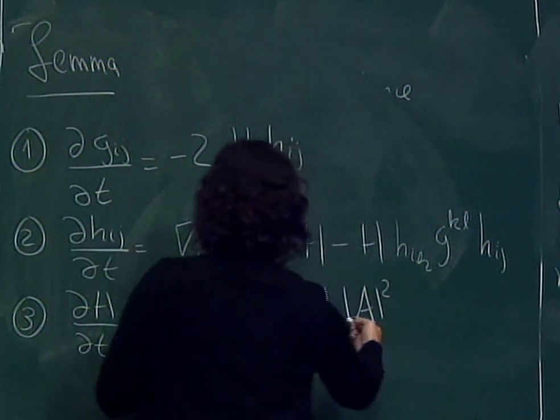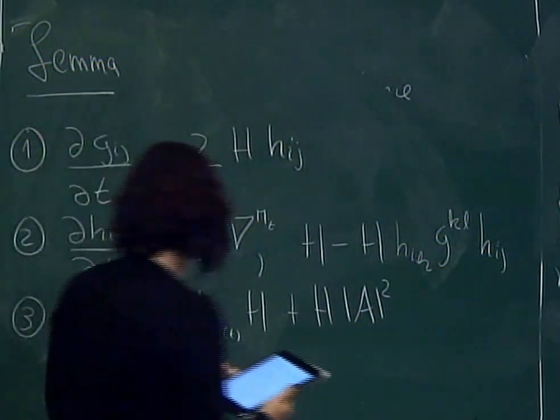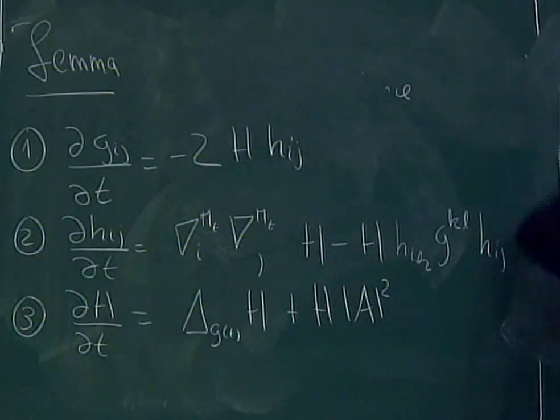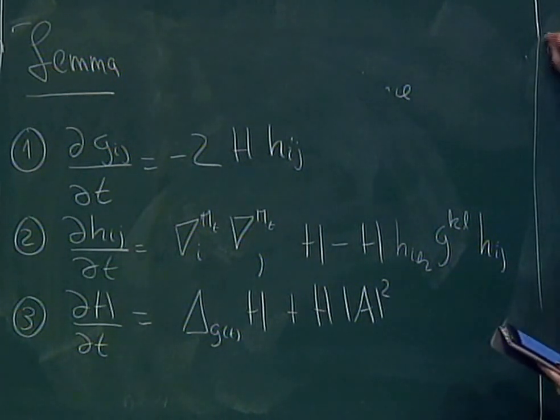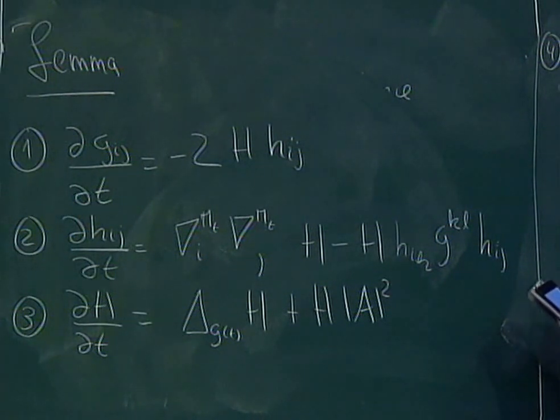Square. I think I haven't defined that, so maybe I should define that in a minute. You can also compute this gradient on Mt. I'm missing something, I guess.